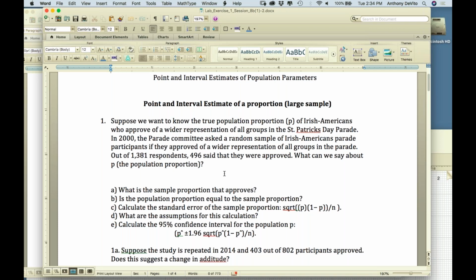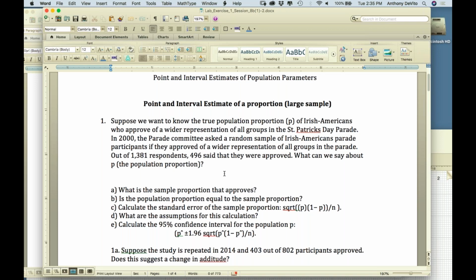And now, of course, there's more than 100,000 people that take part in the parade or watch the parade, probably might be 500,000 people that actually watch the parade. So this sample of 1,381, it's a big sample, but it's still a small percentage of the people that actually represent this population.